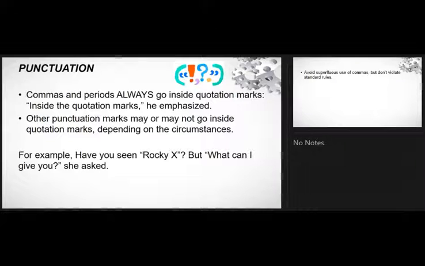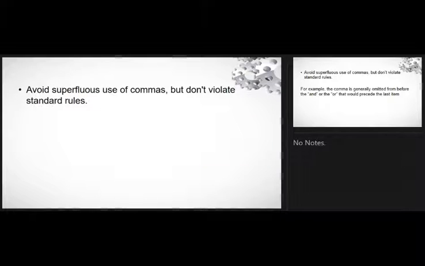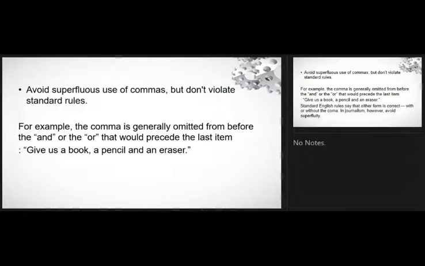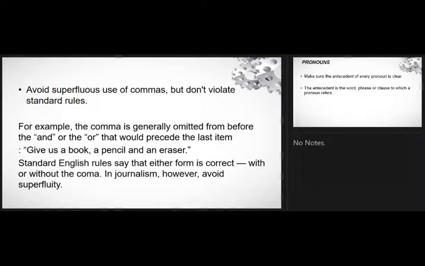So you have to put the punctuation rightly. And avoid superfluous use of commas, but don't violate standard rules. For example, you can omit the 'and' in a series, because in journalism we don't put too many 'and's. So you can just simply omit it without using the comma, okay, and then make it smooth.